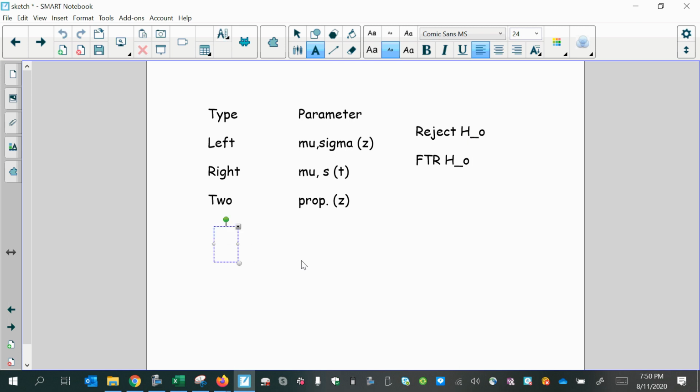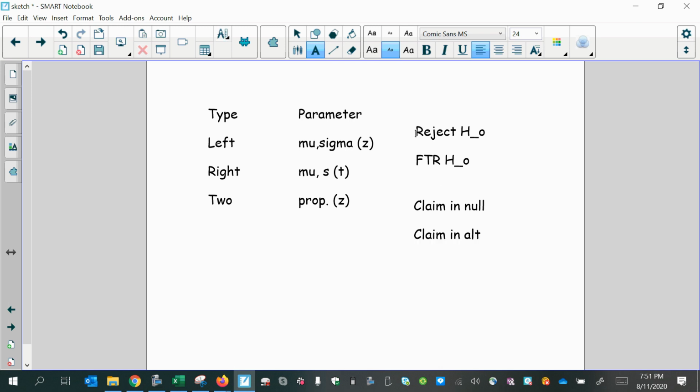The claim could be in the null, or the claim could be in the alternative hypothesis. So that creates 4 different possible endings.